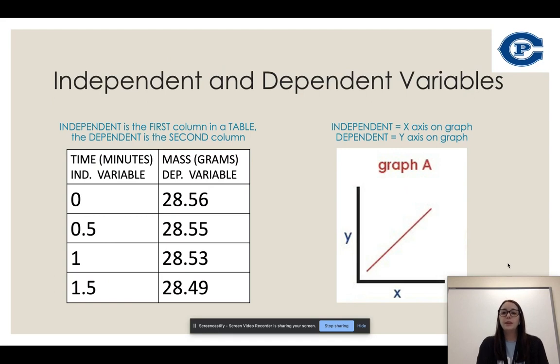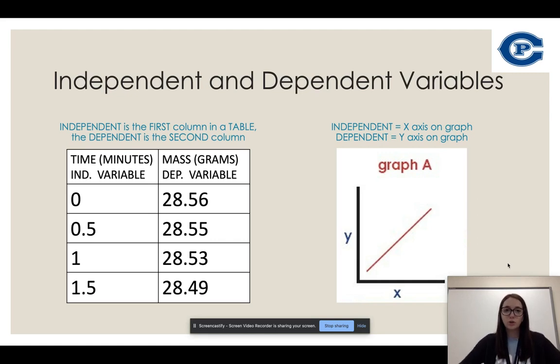With my independent and my dependent variables, when you are graphing, it's always important to note that your independent variable is in the first column in a table and your dependent variable is always the second. If you remember in math specifically, when you do tables, you have an X and your Y. Your X was always on the left-hand side and your Y was always on the right-hand side.